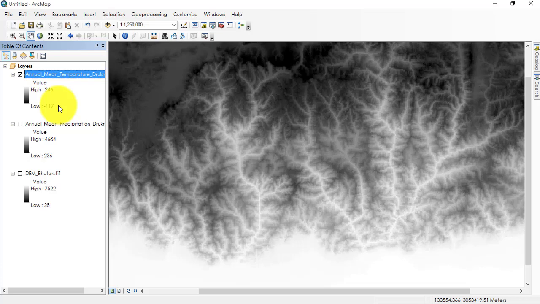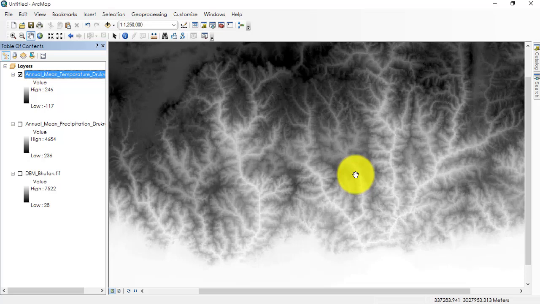Bhutan. If you read the map, the darker regions, mostly towards the high altitudes of the country, have the lowest values of negative 11.7, and the whiter ones are the warmer areas, having a higher annual mean temperature of around 24.6.